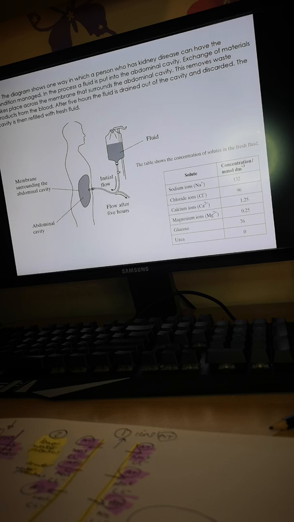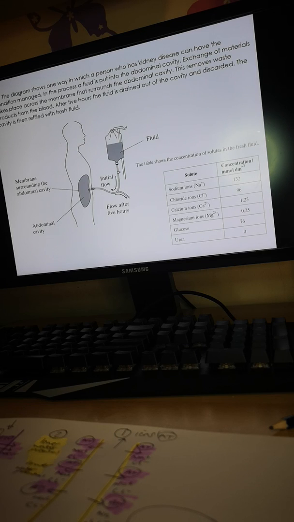Real sort of application question. The diagram shows one way in which a person who had kidney disease can have the condition managed. In the process, a fluid is put in the abdominal cavity. Exchange of materials takes place across the membrane that surrounds the abdominal cavity. This removes waste products from the blood. After 5 hours, the fluid is drained out of the cavity and discarded.